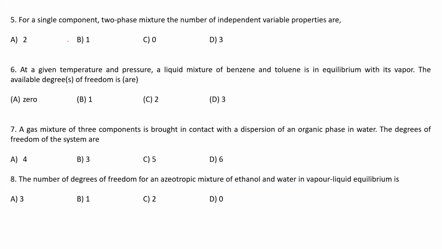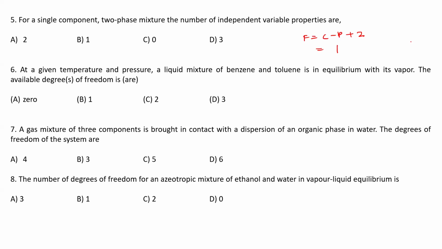So all these are based on the phase degrees of freedom equation. Okay. For a single component, two-phase mixture, F is equal to C minus P plus 2, right? So single component 1 minus 2 phases plus 2 equals 1.